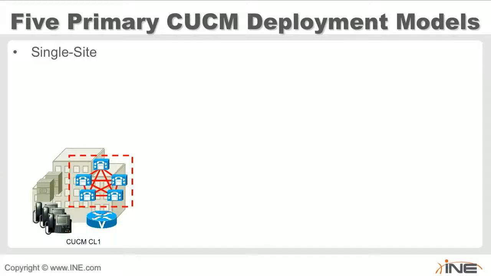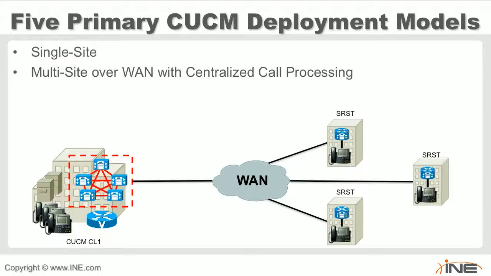So now that we're in CIPT1, we're going to focus for this module just on the single corporate headquarters site. So it's going to have the single cluster, and it's going to have a single router that we're sending all voice calls out of. When we move into CIPT2, that's where we'll begin discussing multi-site deployment.